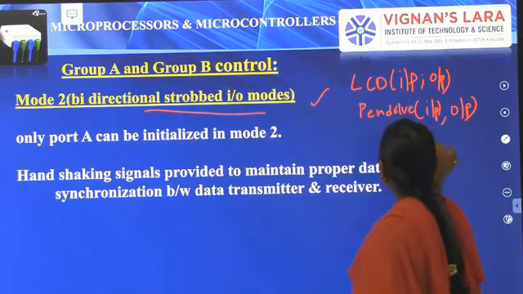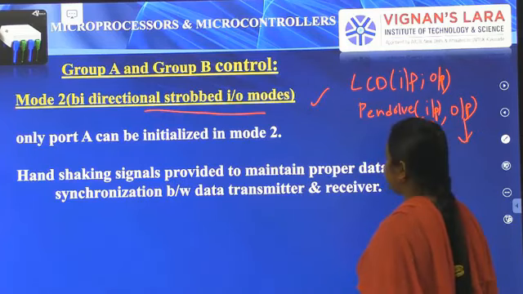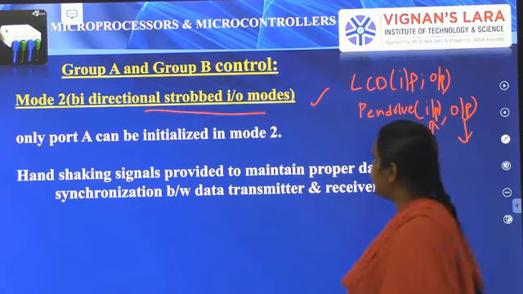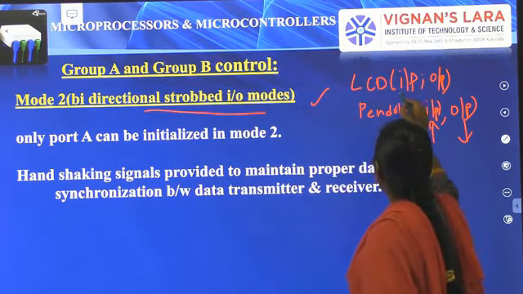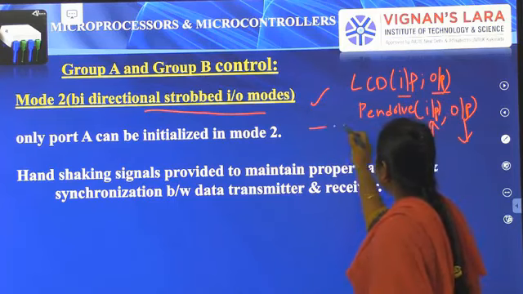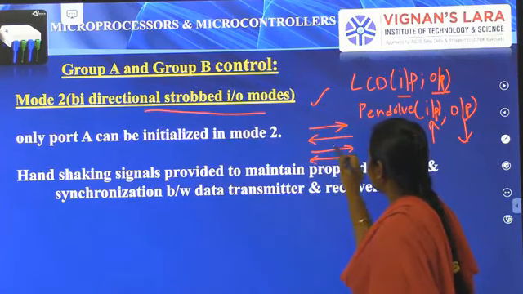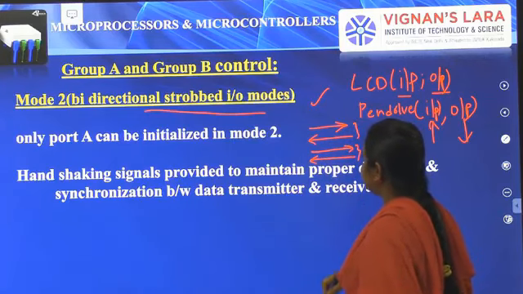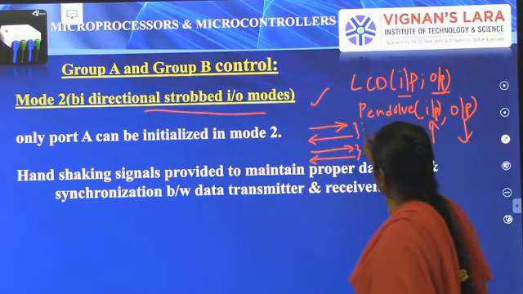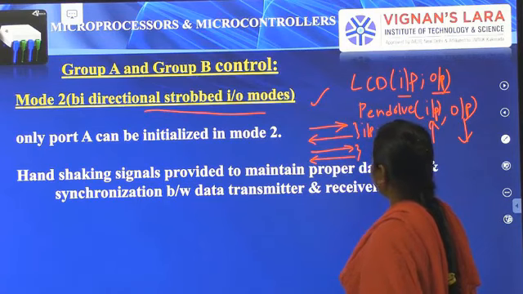That means we are copying the data and receiving the data from that device itself. So whenever it is bidirectional, that means input and output, giving input and giving output, bidirectional strobed input and output operation.